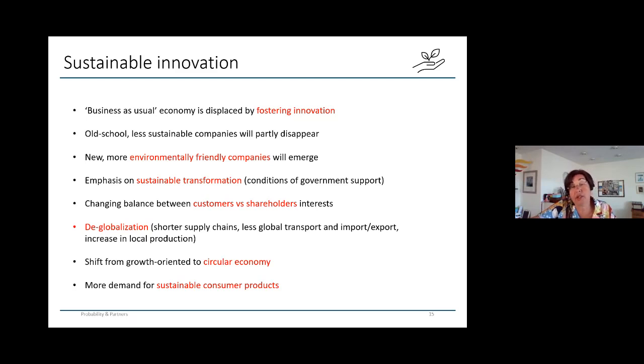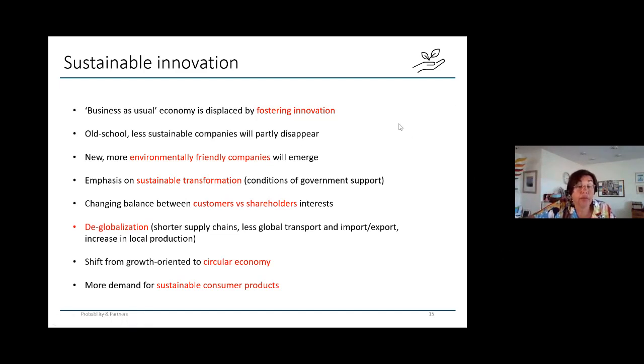The businesses that are making claims on those support packages are going to be required to operate in a significantly more sustainable fashion. So this trend is facilitated by these conditions of government support for businesses, but also by consumer, shareholder, and customer behavior in the light of the new world as we see it today.